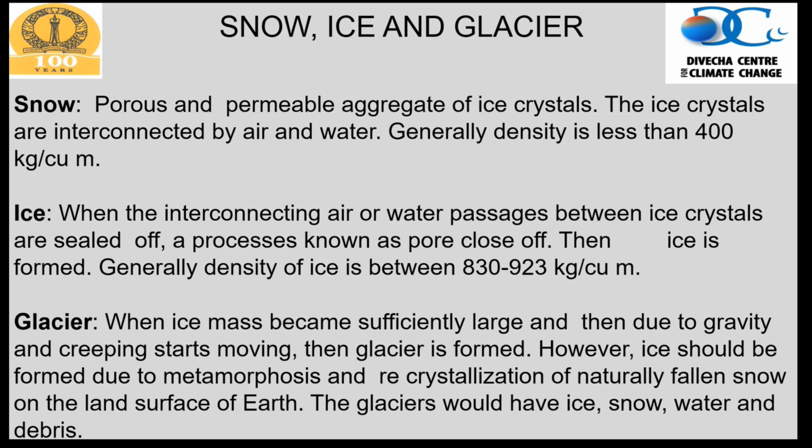However, ice should be formed due to metamorphism and recrystallization of naturally fallen snow on the land surface. And glaciers essentially have ice, snow, water, and debris. So ice is an integral part of it, but it also has snow, water, and debris. But the essential characteristic is it should be moving ice.